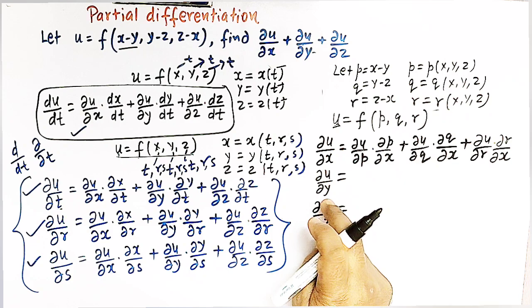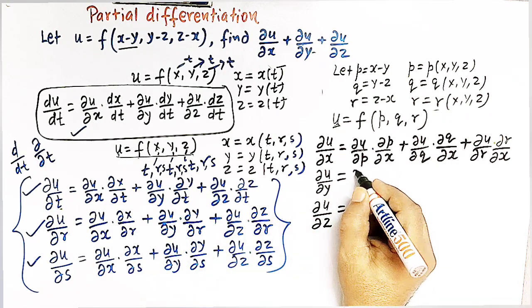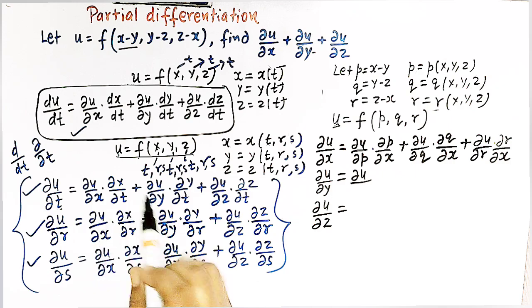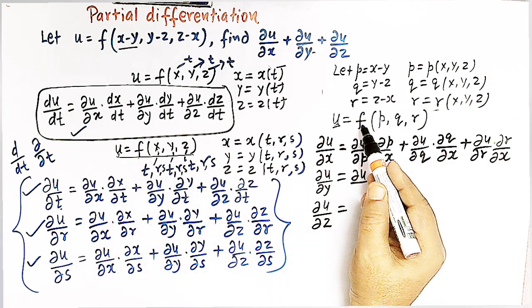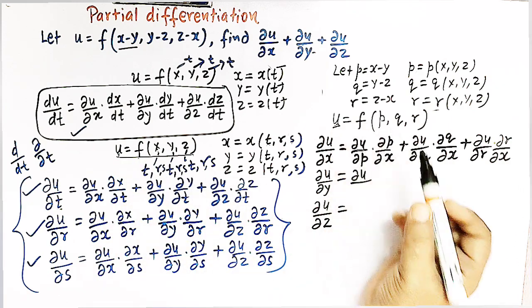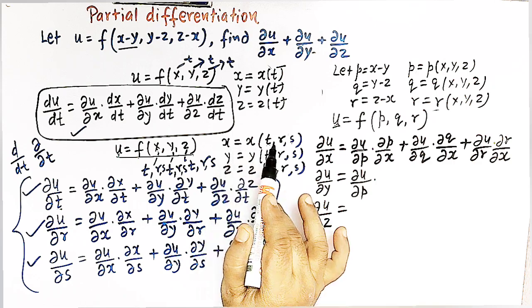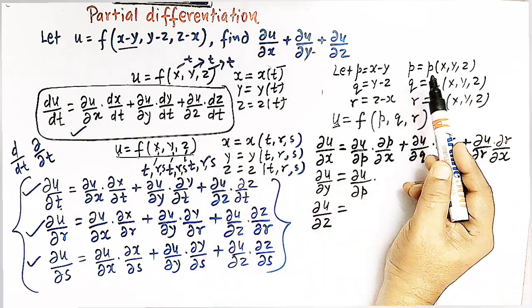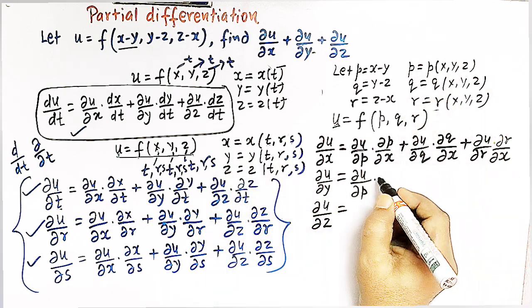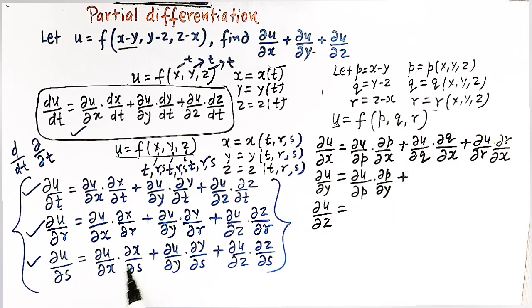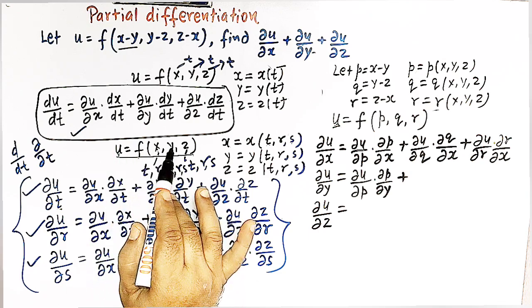So now ∂u/∂y can be written as, here we have ∂u/∂x, so here u over x. So here we have u over p, and then here we have x over r. So here we have p over y. So here we have ∂p/∂y, and then we have here ∂u/∂y, that is u over y.